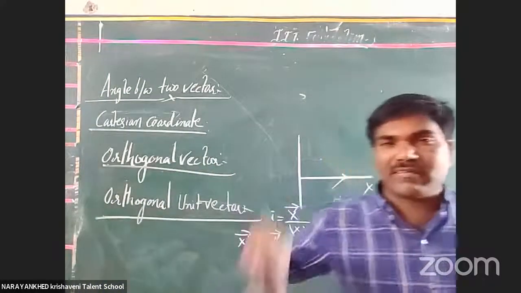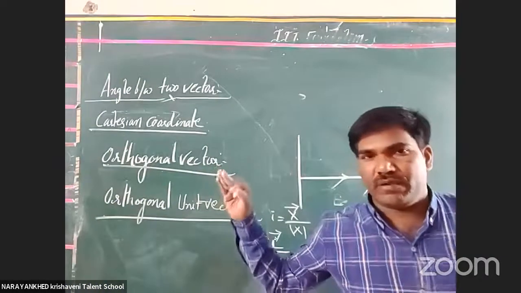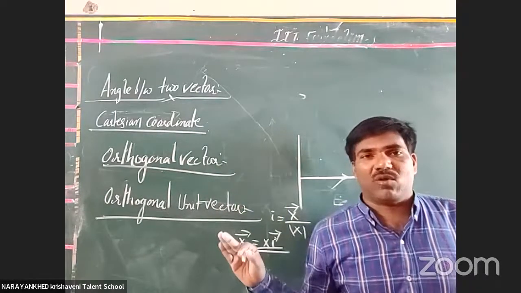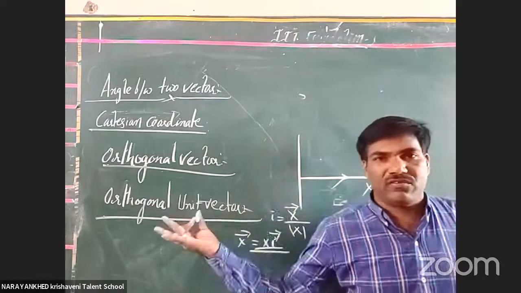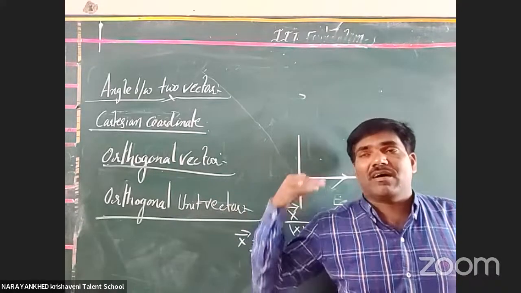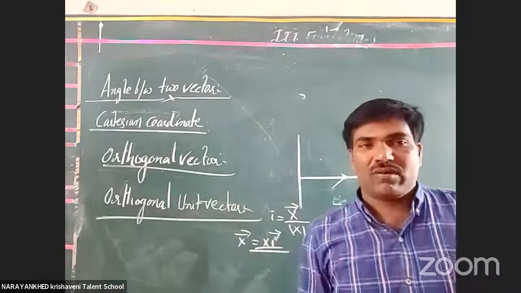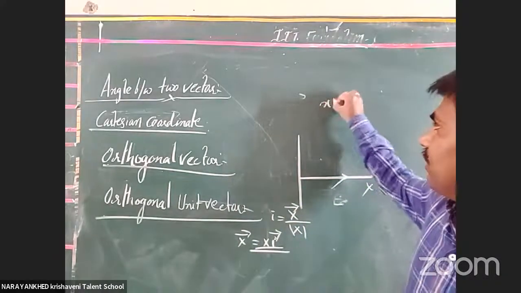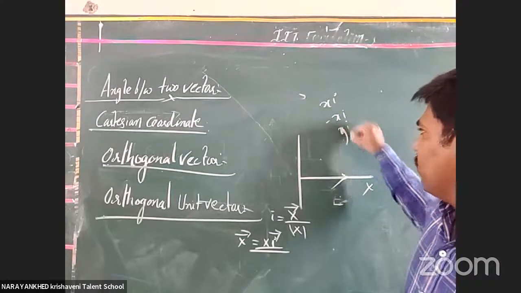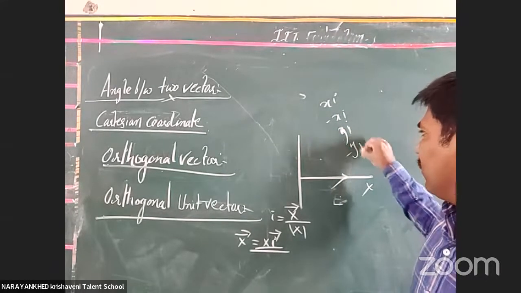The vectors along the coordinate axes, not just any axis. How many are there in total? There may be 6 components, not only 3: xi, minus xi, yj, minus yj, and so on.